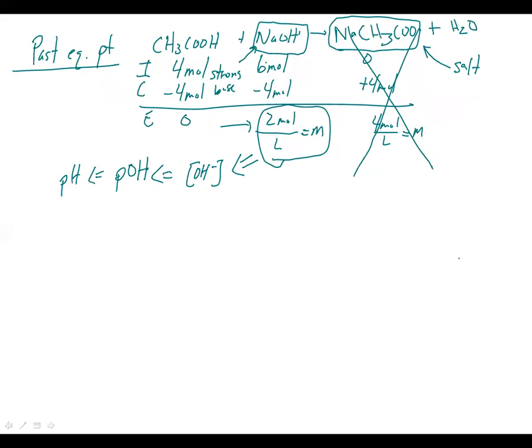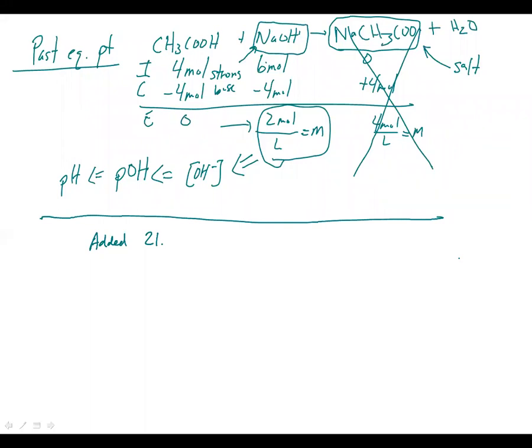Let's say you added 21 milliliters of 0.1 molar sodium hydroxide to 25 milliliters of 0.1 molar acetic acid.